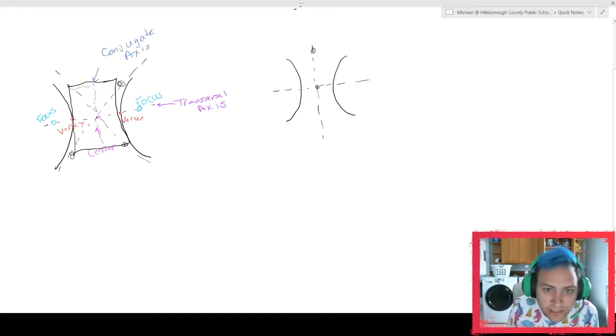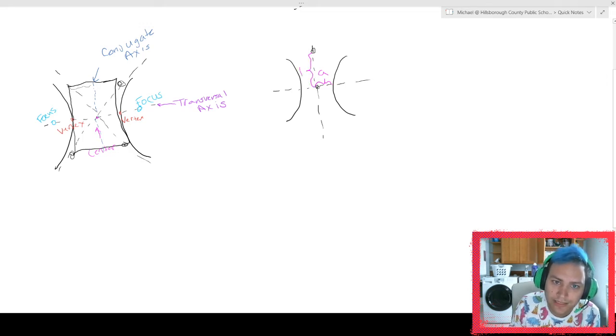Firstly, this piece right here from the center to the vertex, that's going to be my A. And right here when I go up on the conjugate axis to the point up top, that's going to be my B. And the last one is wherever the focus is, the distance from the center to the focus is going to be C.